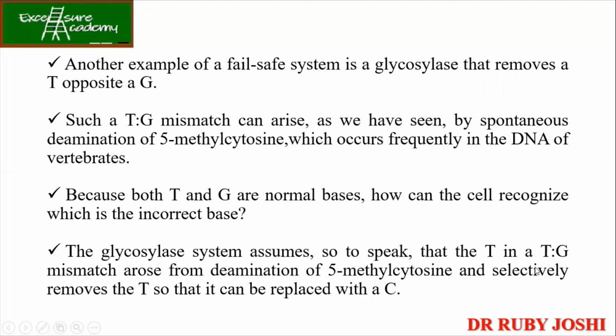Whenever there is this TG mismatch, this glycosylase system will come and replace T with C. So the enzyme understands that TG base pairing is wrong, removes the T and puts C in its place. This is again done by the fail-safe glycosylase. Is this much clear to you everyone? Any doubts?